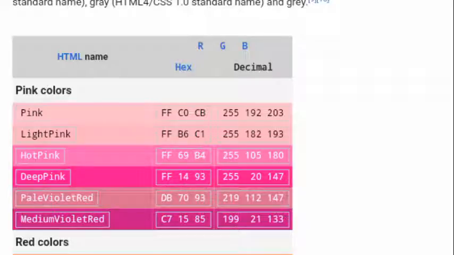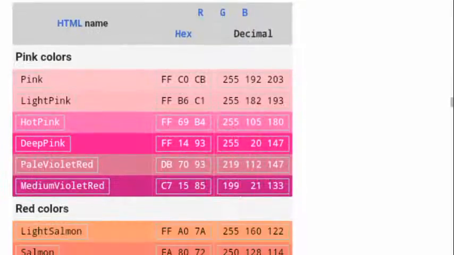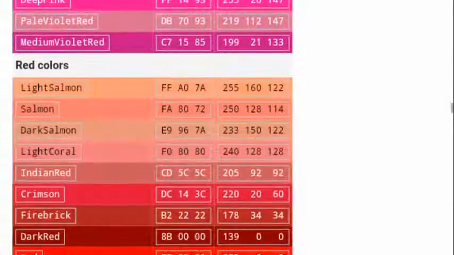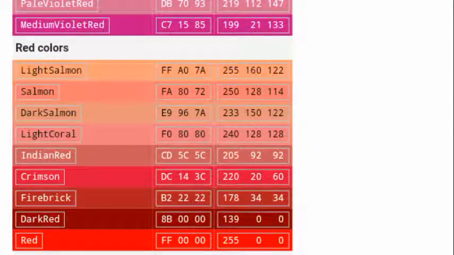Actually in all pink colors, the highest figure is red. You see this is a chart showing you red and green, blue. So the first column is red, the second column is green, and the third one is blue. So when you look at the red column, it's the highest. And so pink is a child of red.